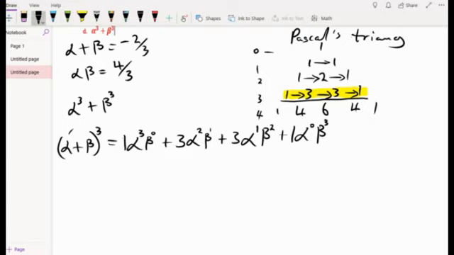So that is next time. So this is going to be alpha cube plus 3 alpha square beta plus 3 alpha beta square plus beta cube.